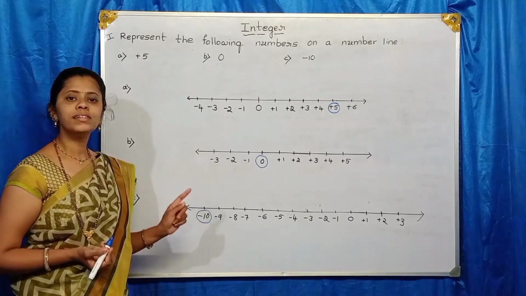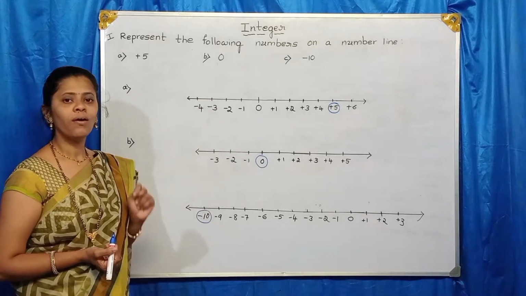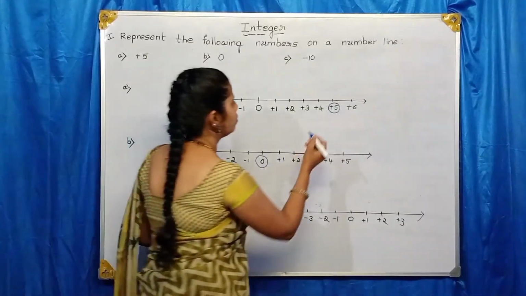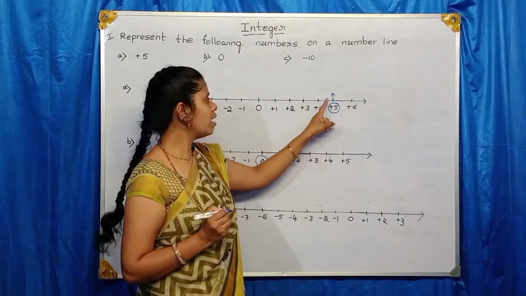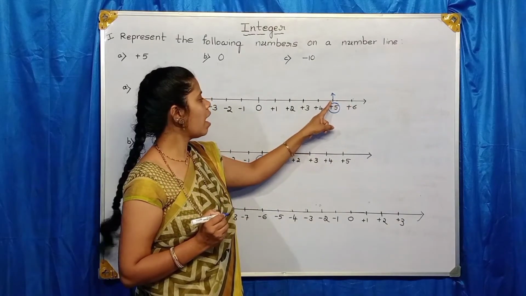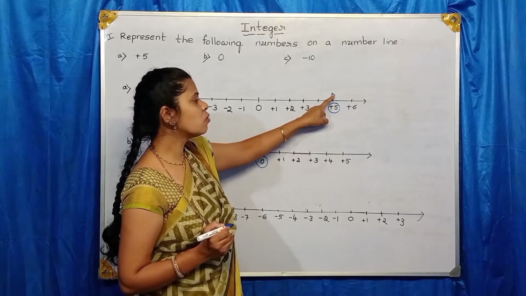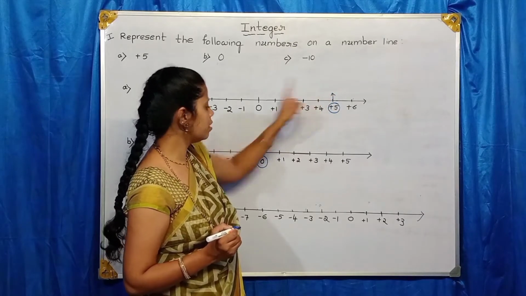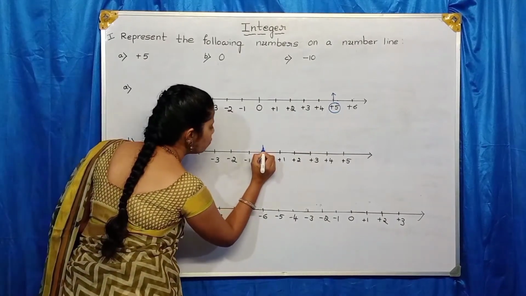Okay. This is one way to represent numbers on a number line. Or else you can represent it by using an arrow mark. See here, this point represents plus 5. So, I will put an arrow mark here. Then, this point represents 0.